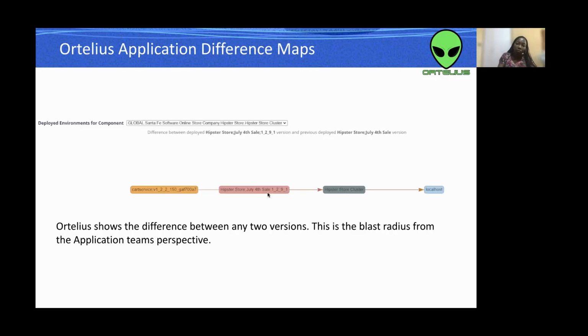So the difference between the Hipster Store cluster and Hipster Store July 4th sale is the cart service. So this means that the cart service was updated or a new version was released, which is the difference between the Hipster Store cluster and the Hipster Store July 4th sale. Next slide.